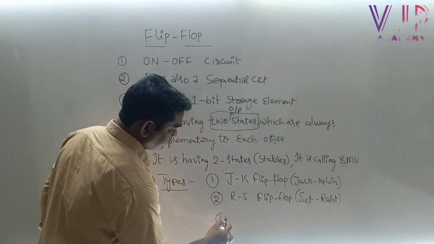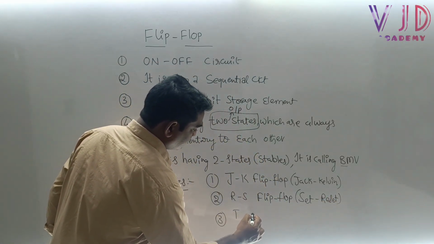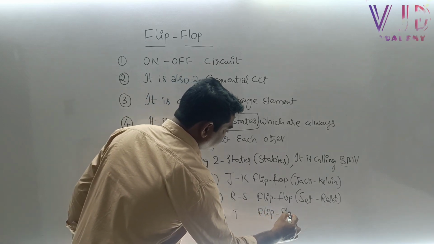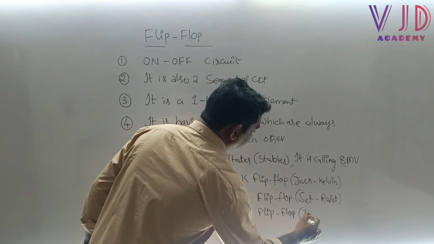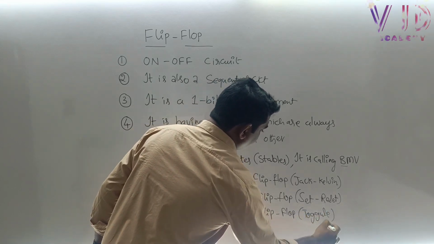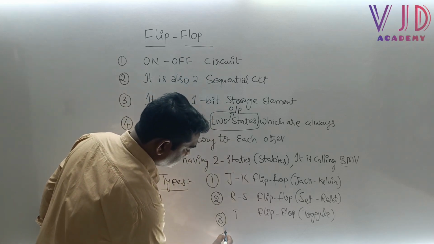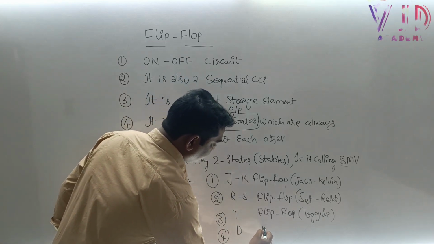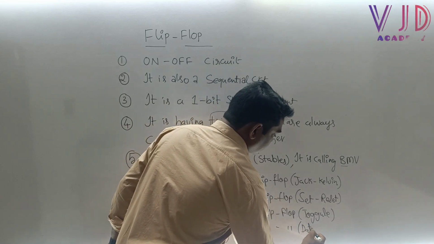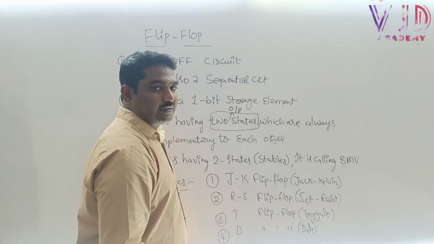The third one is the T flip-flop, which means toggle flip-flop. And the fourth one is the D flip-flop, which we can also call the data flip-flop. These are the four types of flip-flops.